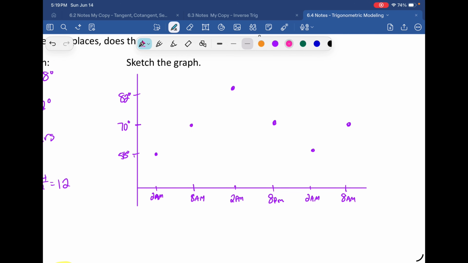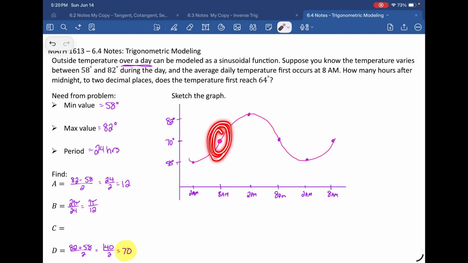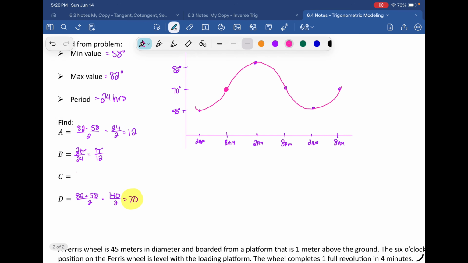Okay, so the information that we knew was that it was 70 degrees average at 8 a.m. Temperature rises, falls, rises. I have a very clear mid right here, and that mid is at 8 a.m. And that mid is followed immediately by a high.